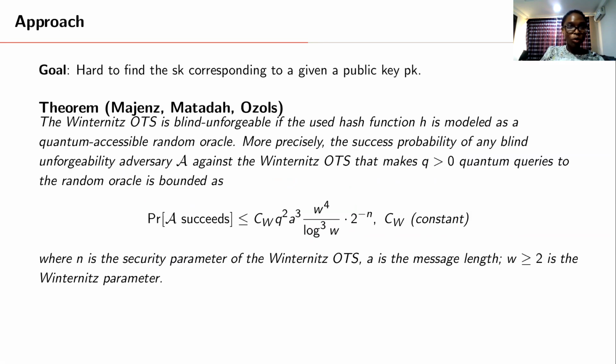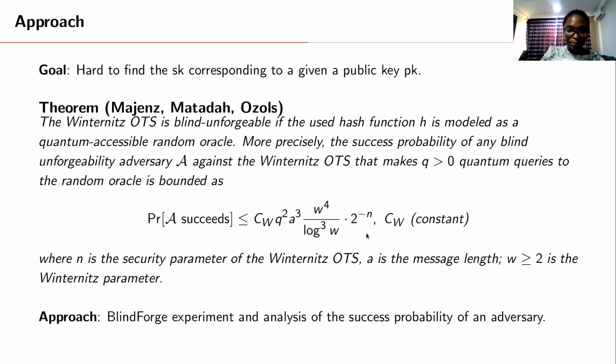For that purpose, we show the following theorem: the Winternitz one-time signature is blind unforgeable if the hash function is modeled as a quantum accessible random oracle. In other words, the success probability of any blind unforgeability adversary against Winternitz that makes Q quantum queries is bounded by this expression.